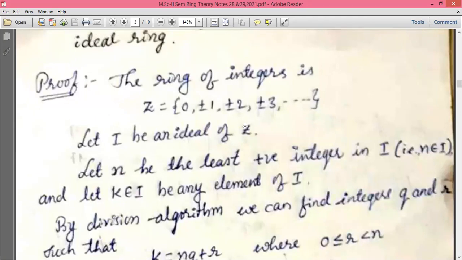The ring of integers contains the elements 0, plus or minus 1, plus or minus 2, plus or minus 3, and so on.